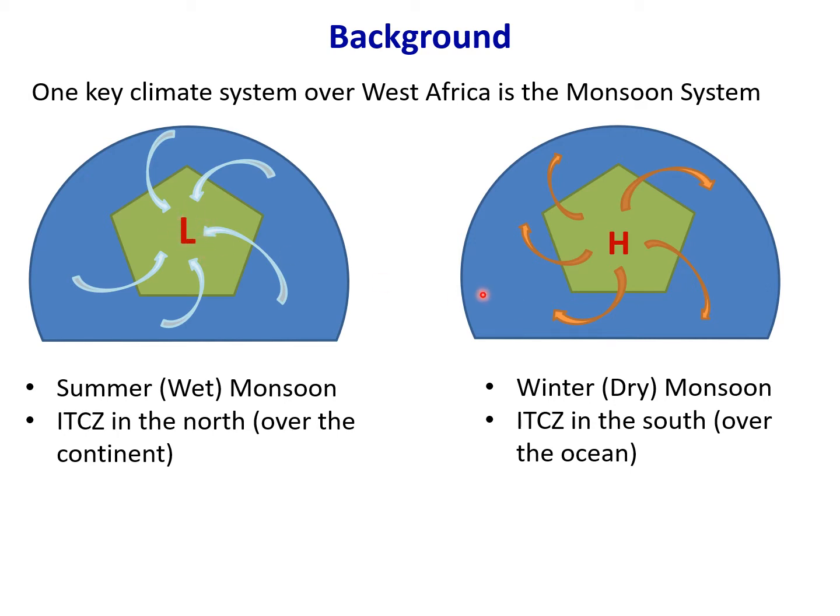And then in the winter season, or the dry season, we have a high pressure zone over the land, and this pushes the ITCZ away from the land.